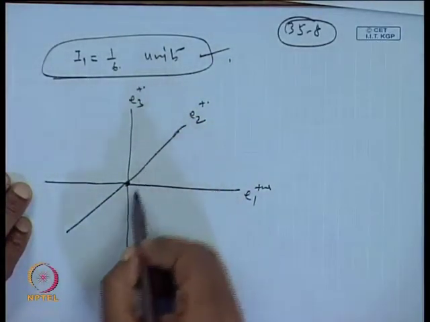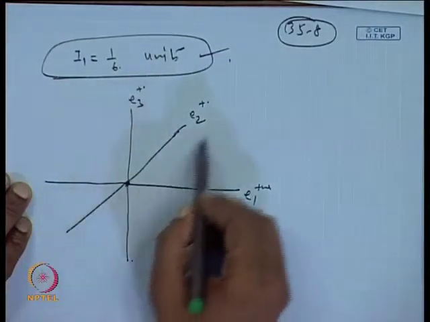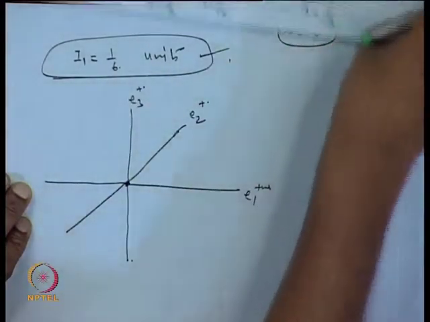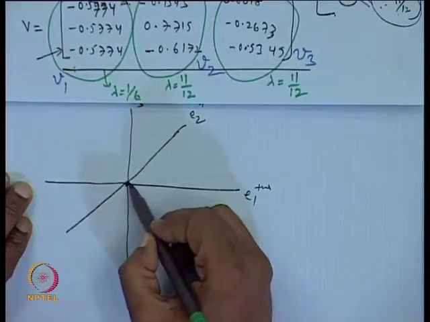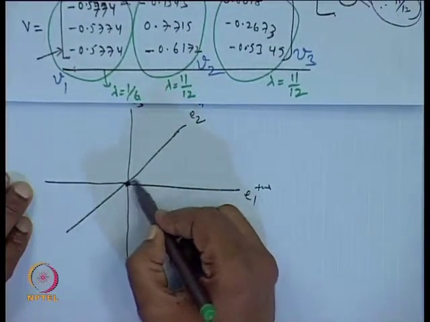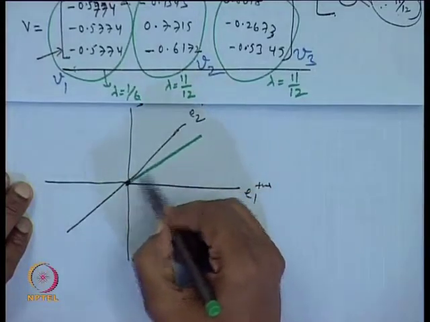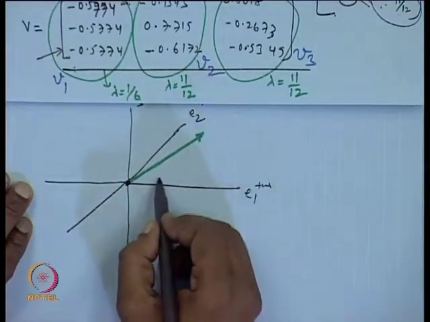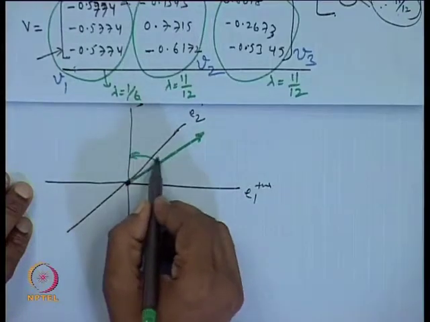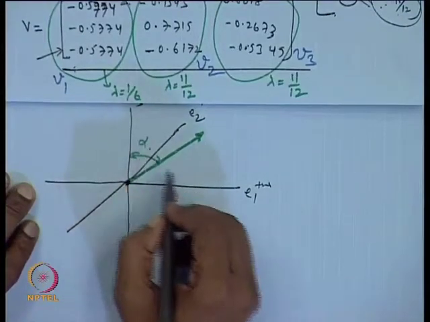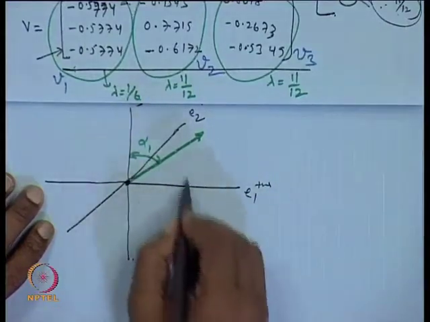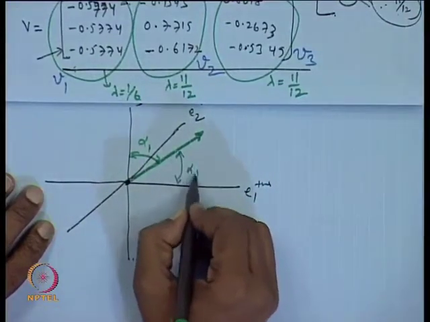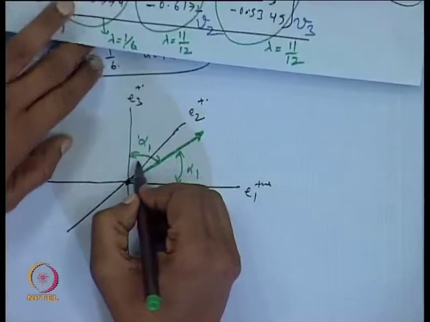Okay. All of E 1, E 2, E 3 positive, it will go in this. You can assume that there is a vector which is unit in magnitude, and the angle from here to here is, say, alpha 1. This is beta 1, and this is making an angle with E 3.